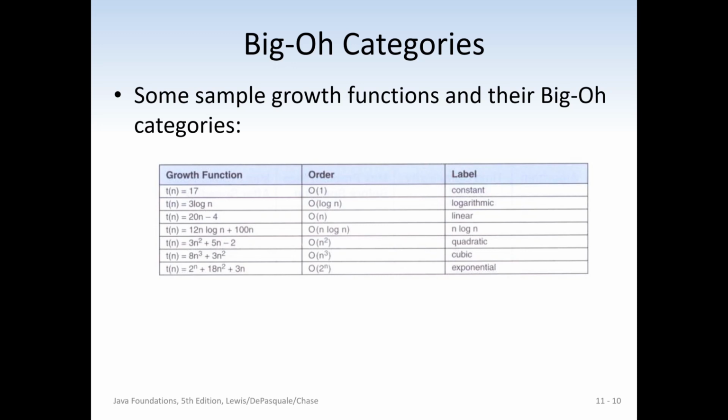Then order log n is what we say is logarithmic, meaning it looks like a logarithmic function. Notice that we just write log. Usually when you write log, there's a base. Maybe log is base 10, or it could be base 2. A lot of times in computer science, it's going to be base 2.